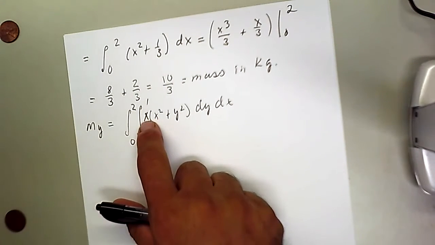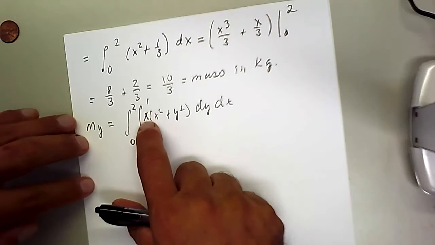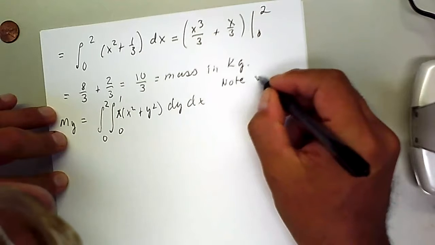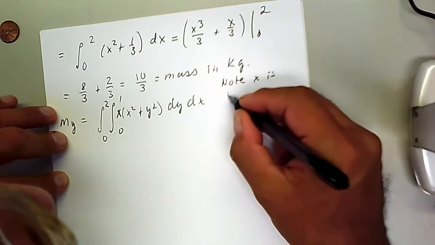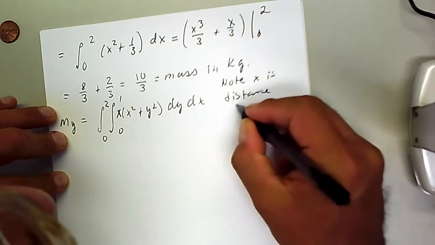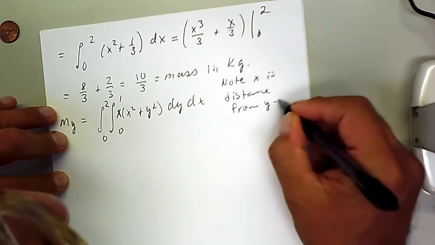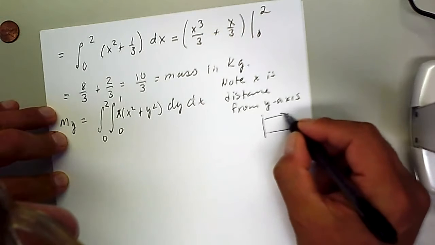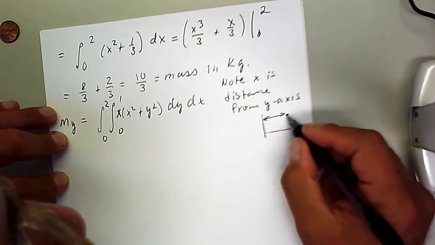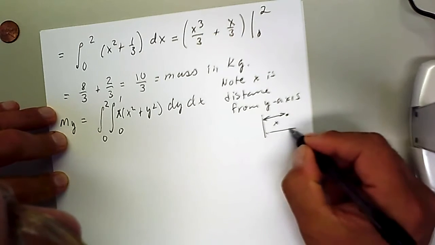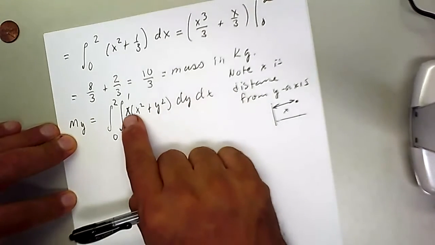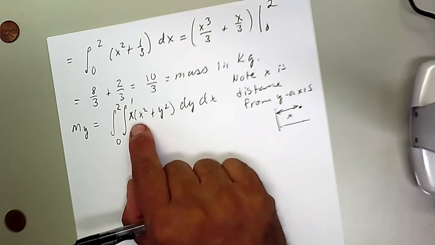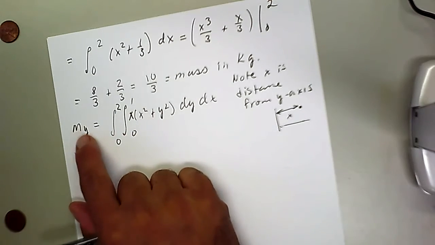Note, x is the distance from the y-axis. See, if you have a point here and you want to know how far you are from the y-axis, you look at the x, because you go x, y. So we are multiplying by x. X is going to contribute to this integral, and that's how we obtain the moment with respect to the y-axis.